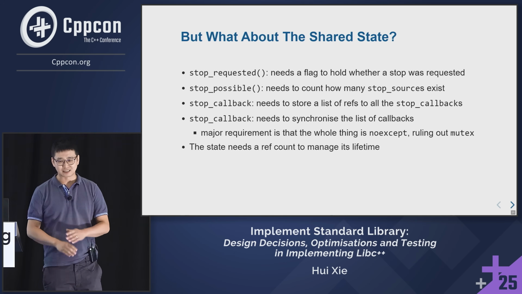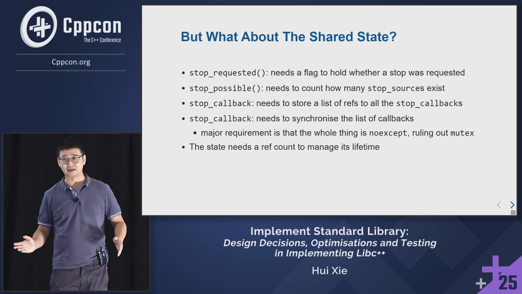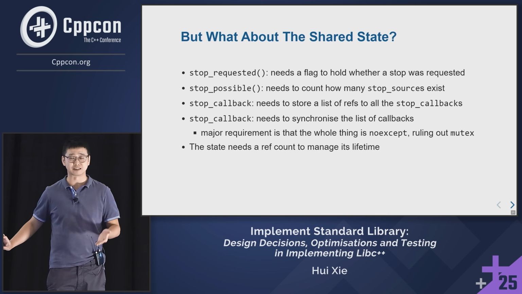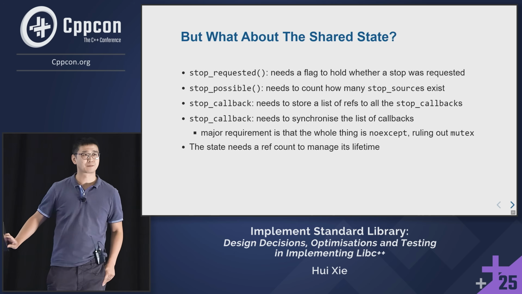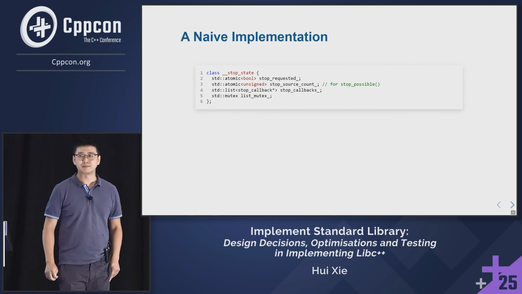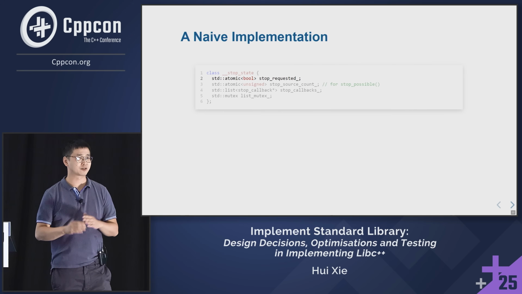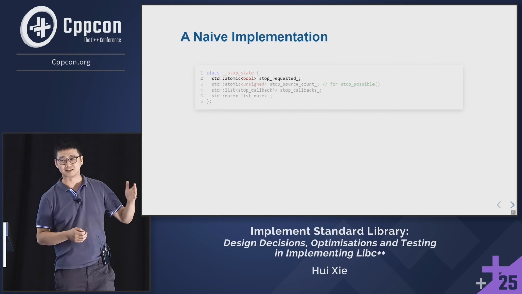And lastly, because this is a shared state, we need to manage its own lifetime. As shown in the previous slides, we can use a shared pointer, for example. And this is how a naive implementation looks. First, we need an atomic Boolean to indicate that flag.